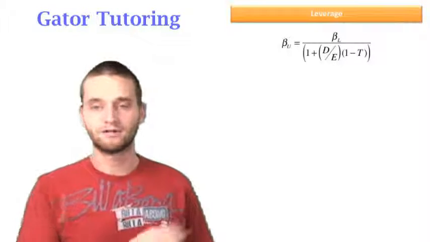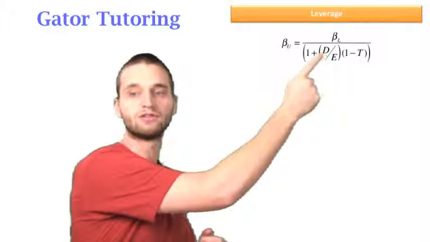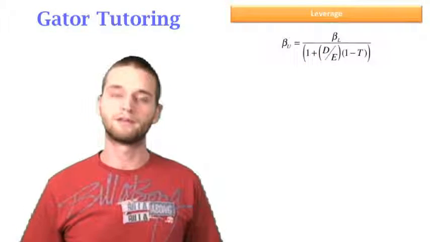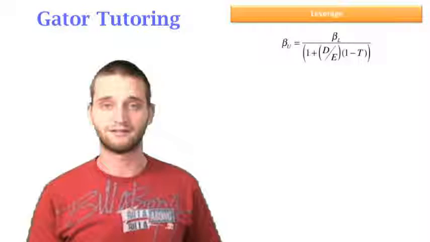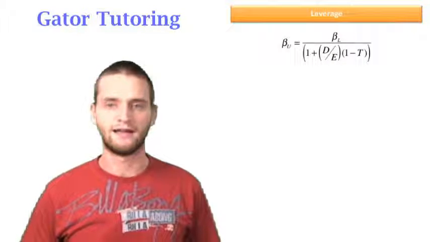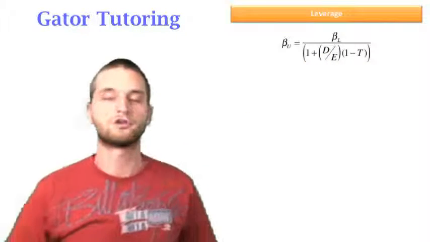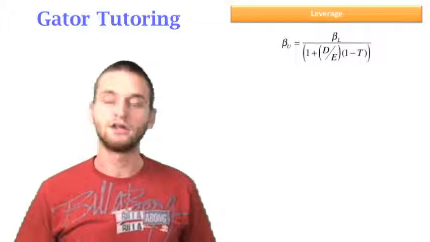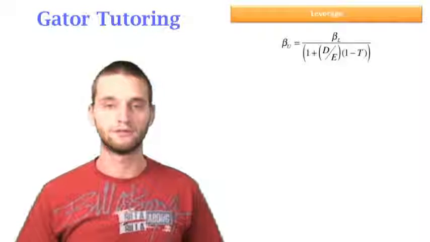For the debt to equity ratio, you can either put the actual dollars of debt and equity you have, or the percent that it makes up. It's going to work out to be the same thing. If you're told you have $1 million of debt and $3 million of equity, you could plug in those numbers. Or if you're told 25% of your capital structure is debt and 75% is equity, you can plug in 25% and 75%. That ratio will work out to be the same thing.